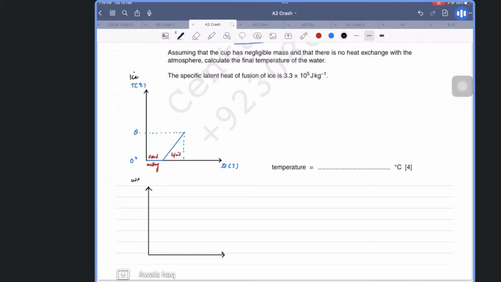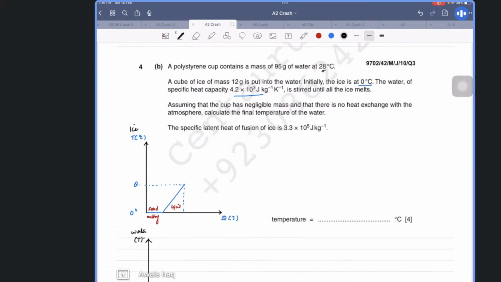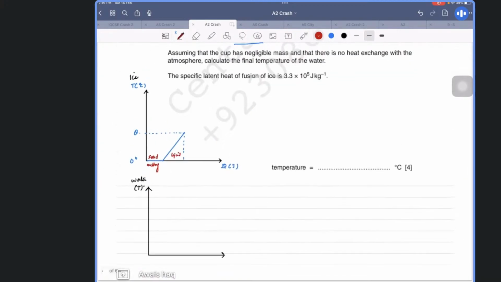For water, the initial temperature was 28 degrees, so it was somewhere here at 28, and now water would have cooled to some point where temperature theta is where equilibrium has been reached. Now I have a clear understanding of what the question is about.